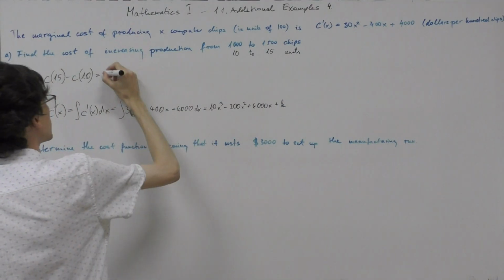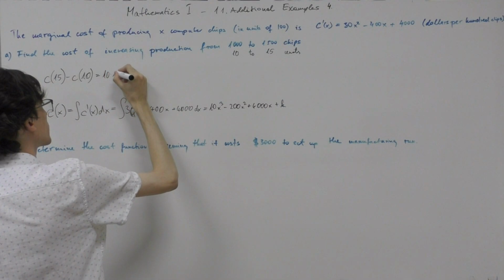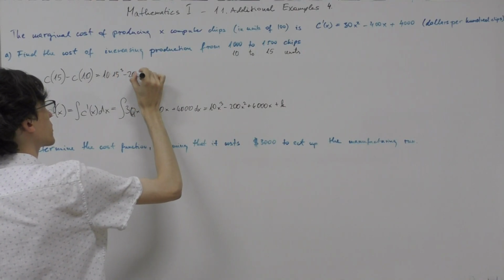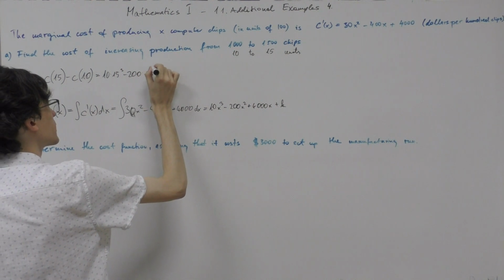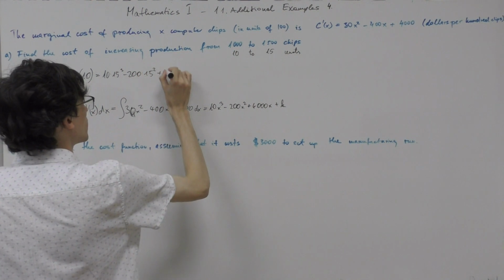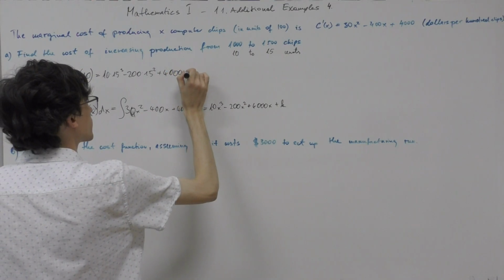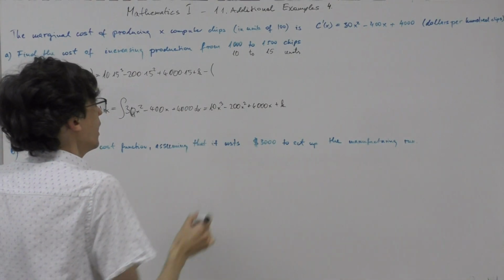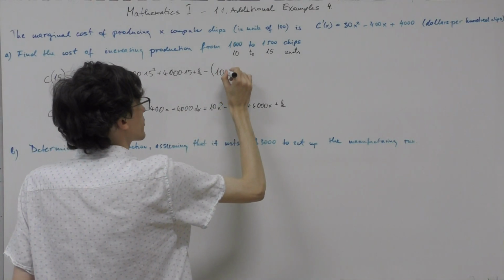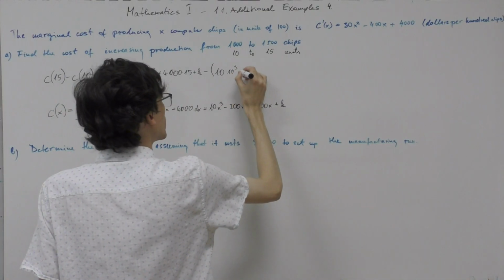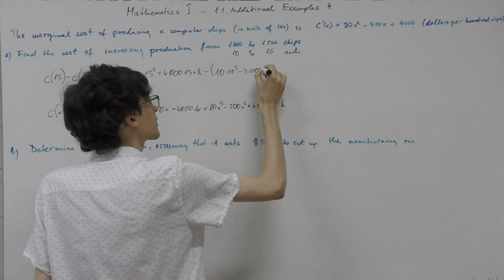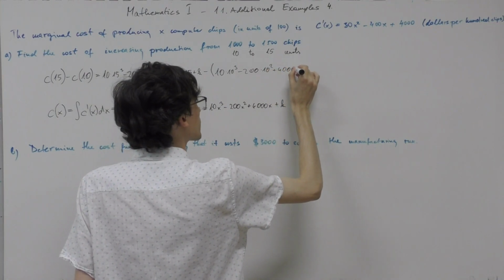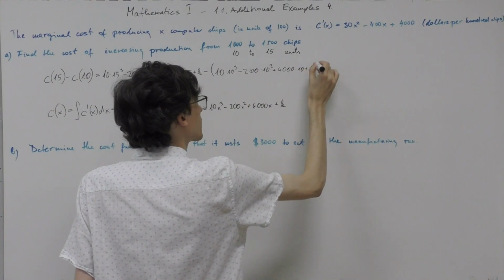So here we have 10 times 15 cubed minus 200 times 15 squared plus 4000 times 15 plus k minus 10 times 10 cubed minus 200 times 10 squared plus 4000 times 10 plus k.